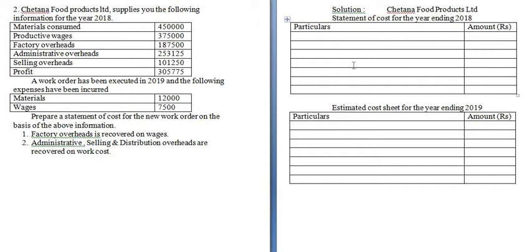Write down the heading: Chetana Food Products Limited. Next line, statement of cost for the year ending 2018. Here first we will take direct material. Going through the problem, they have given materials consumed, so that itself is direct material.